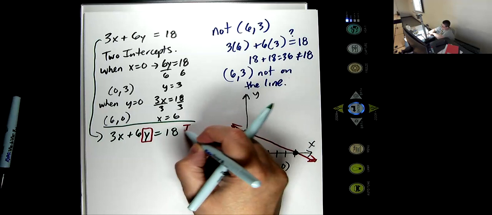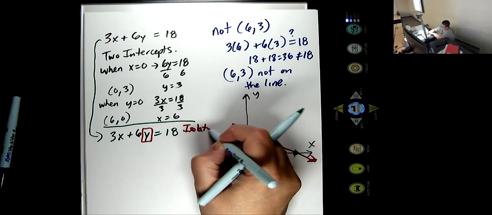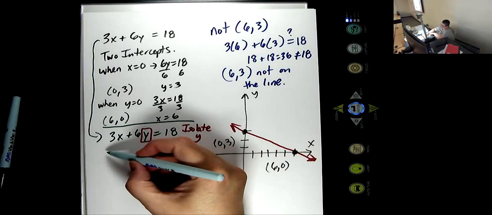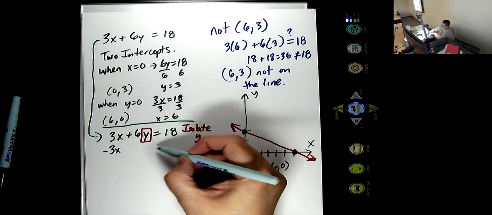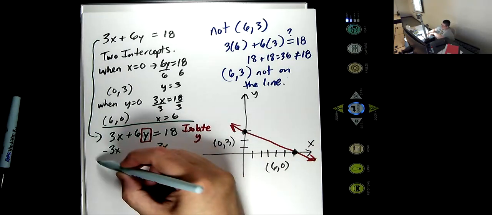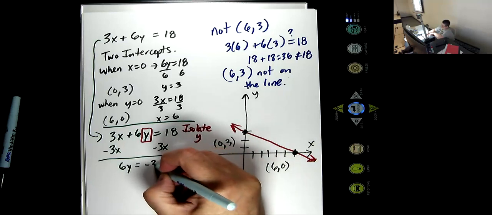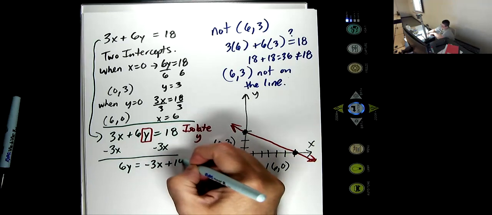Isolate y. So I'll start off by subtracting 3x from both sides. I get 6y equals negative 3x plus 18.